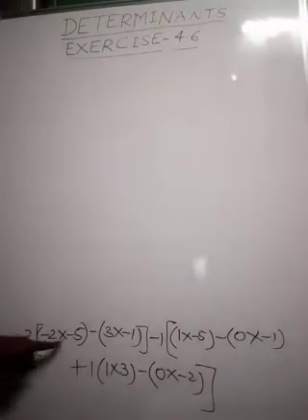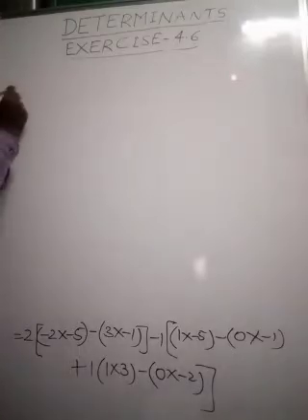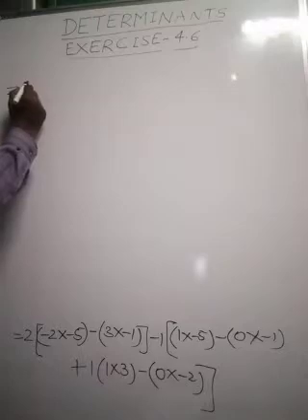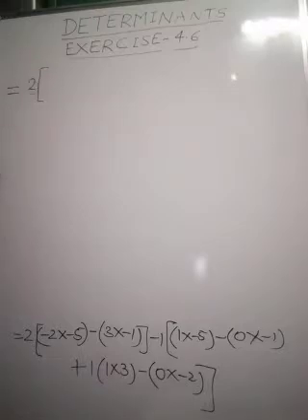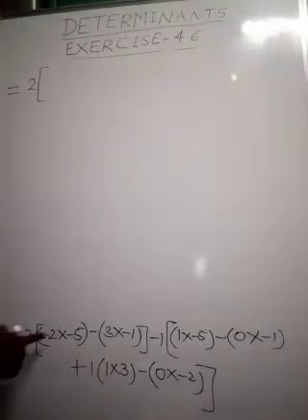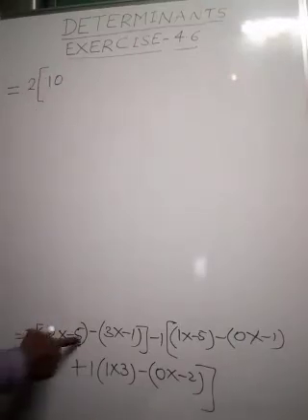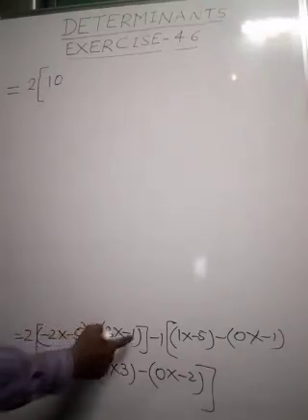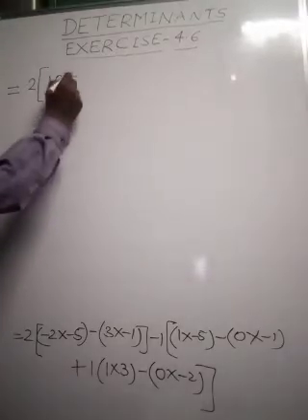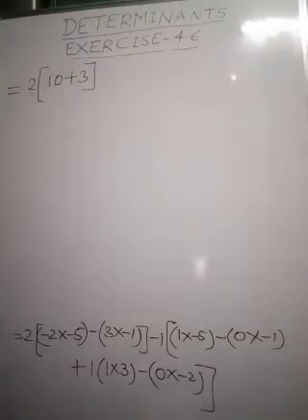Now come to this step. That is equal to 2 into, what do you get in these brackets? Minus 2 into minus 5 is 10. Minus 3 into minus 1 is minus 3. Wait, minus 3 into minus 1 gives plus 3, so finally we get plus 3.